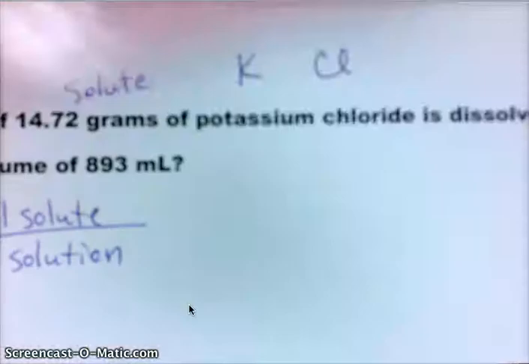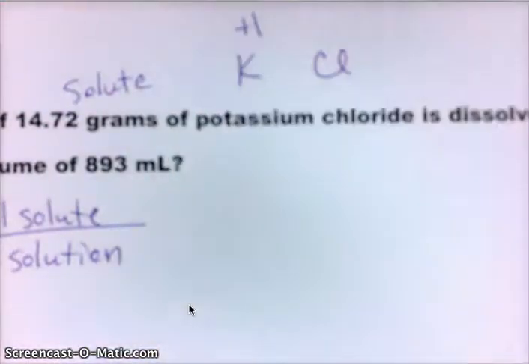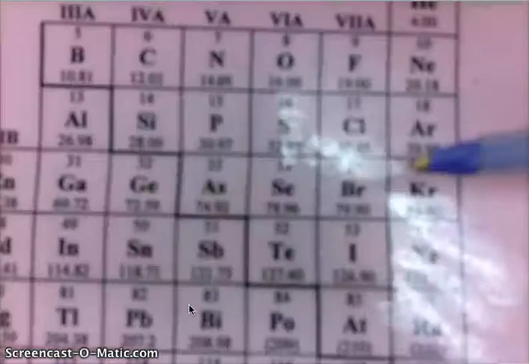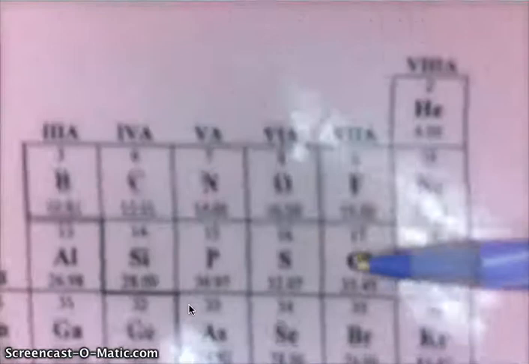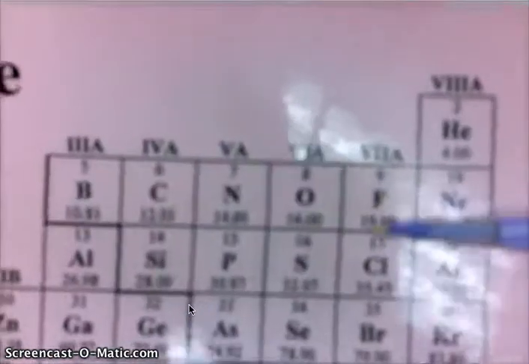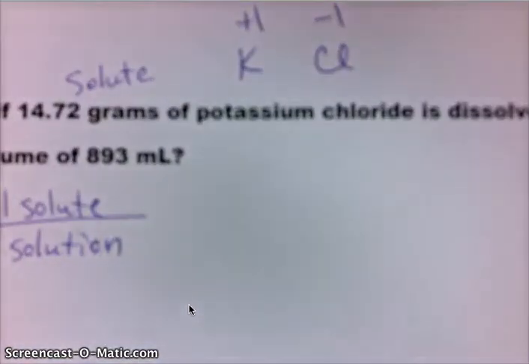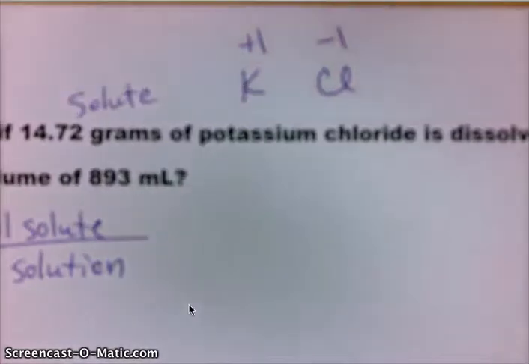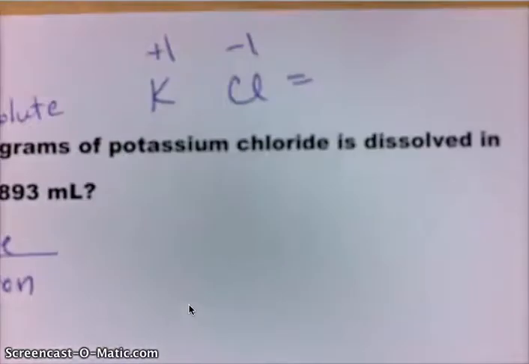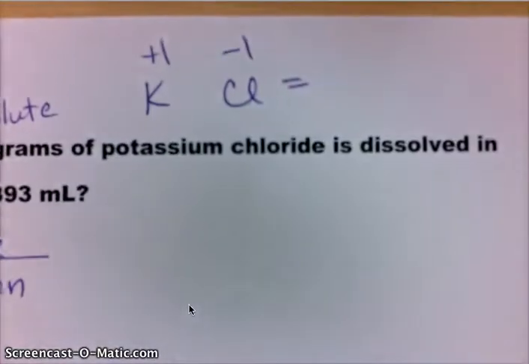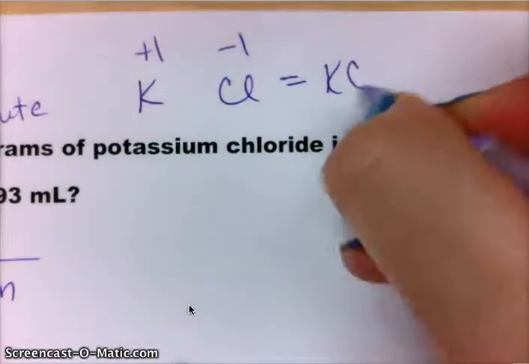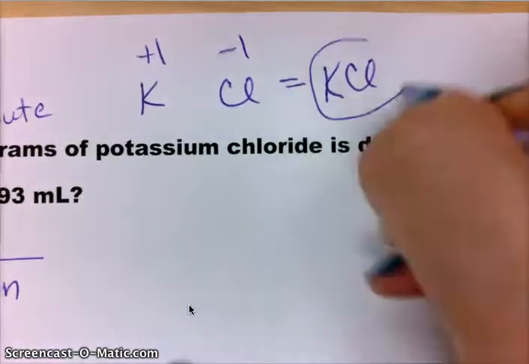Potassium is in the first row of our periodic table, so it is charged +1. Chlorine is a halogen next to the noble gases in our periodic table, so it has a charge of -1. So actually, potassium chloride already adds up to 0 with a +1 and a -1, so the formula is KCl.